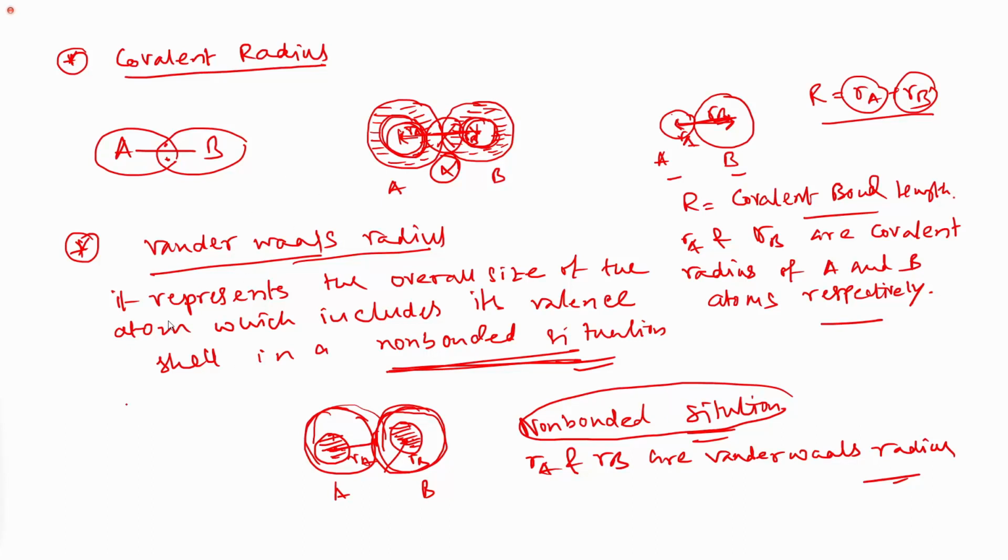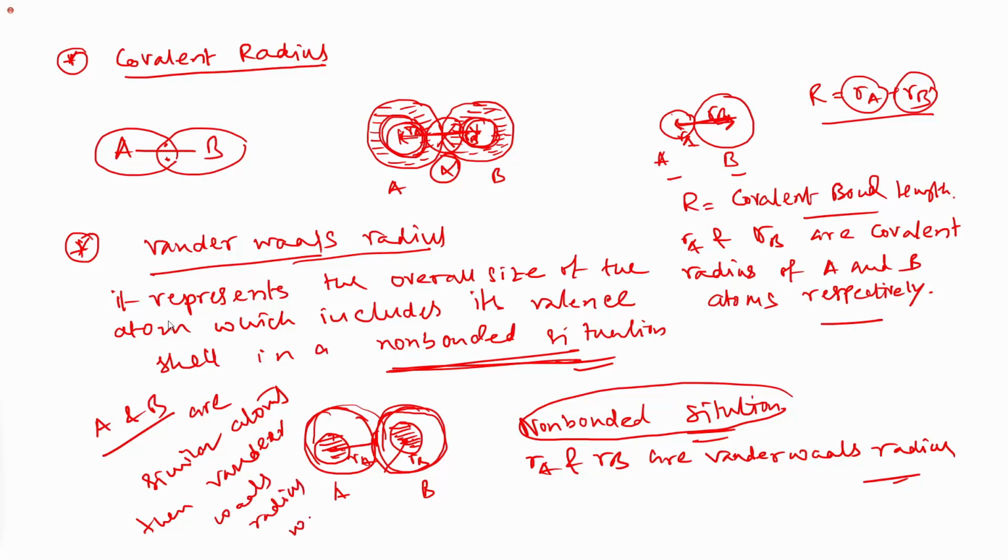Actually, when these atoms A and B are similar atoms, then the van der Waals radius will be half of the bond length.